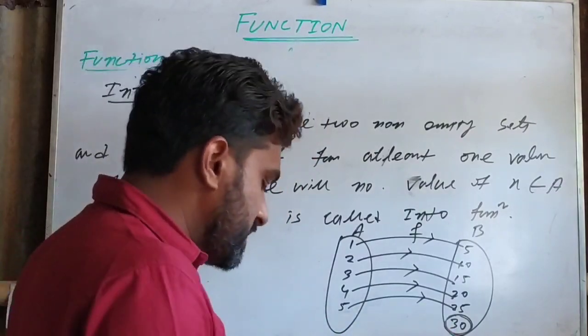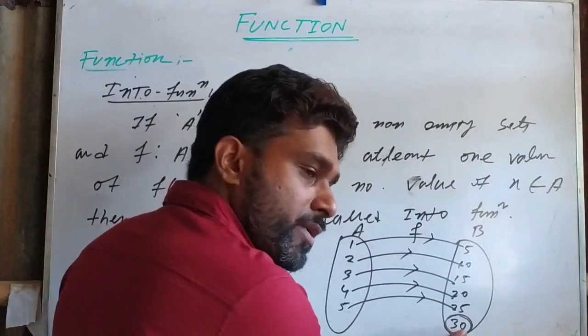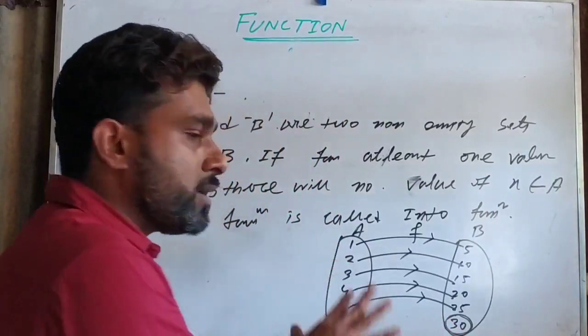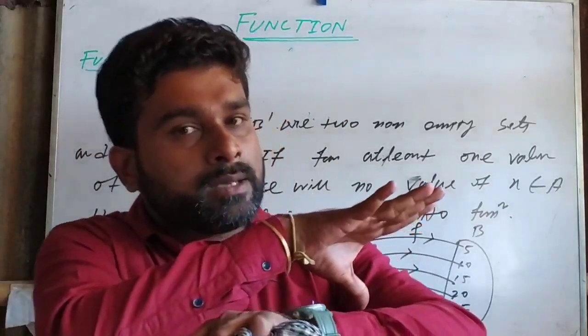Okay, so that means यहाँ पर एक देखो 30 एलिमेंट एक्स्ट्रा रह गया है जिसका कोई भी मैपिंग और कोई भी बॉन्डिंग किसी के साथ नहीं है.